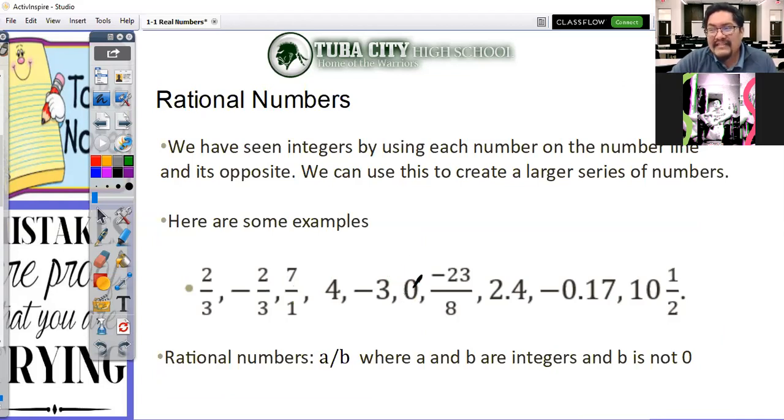You could also divide 0, but you're not going to get anything other than 0. But this also includes numbers like 2.4, which is the result of dividing. Actually, let me go ahead and show you on here. So let's look at 2.4.